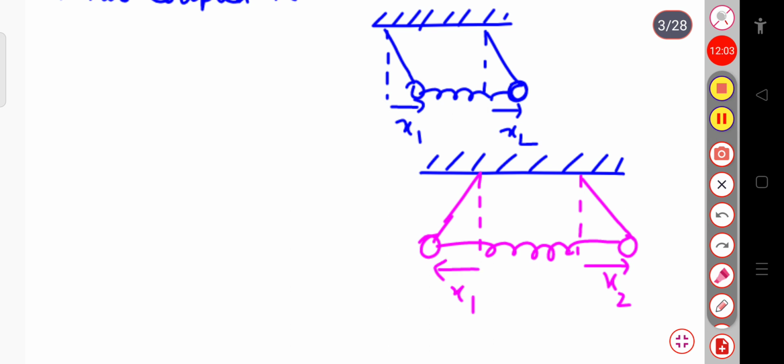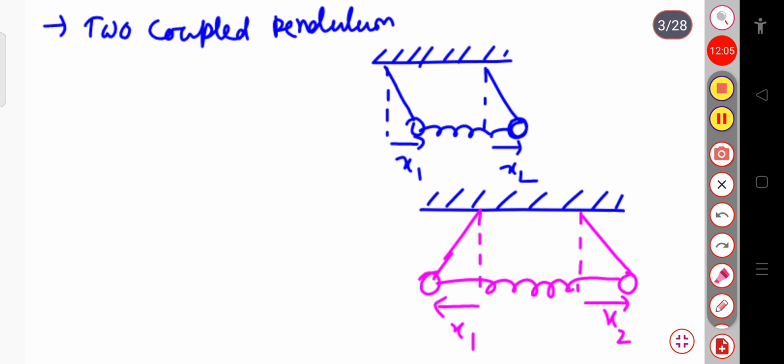Now for the two coupled pendulums, you can see omega 1 equal to root of g by L, this is a direct formula you can remember.